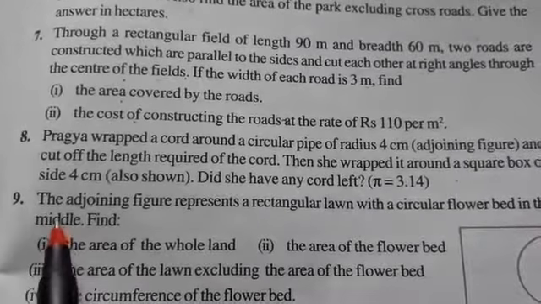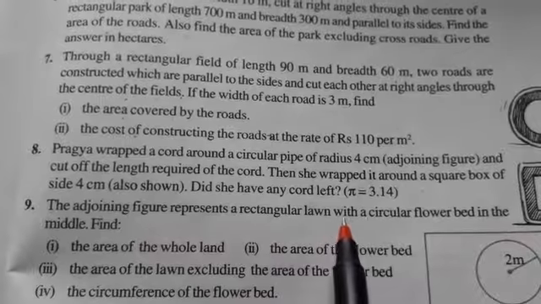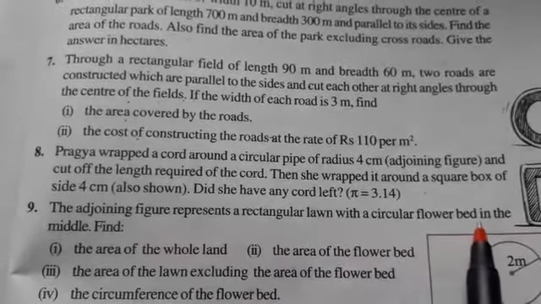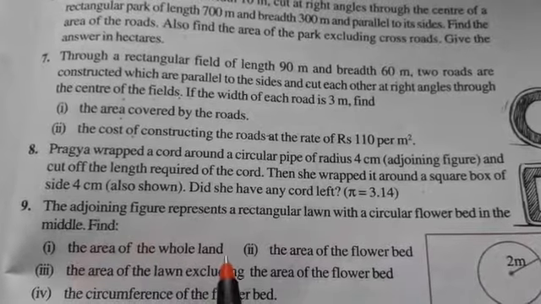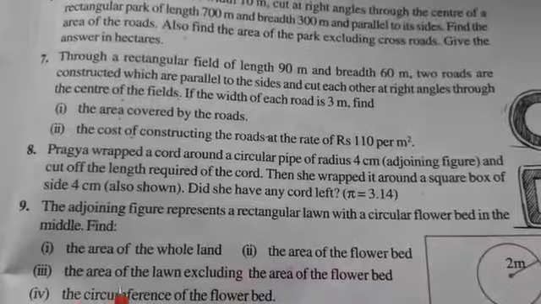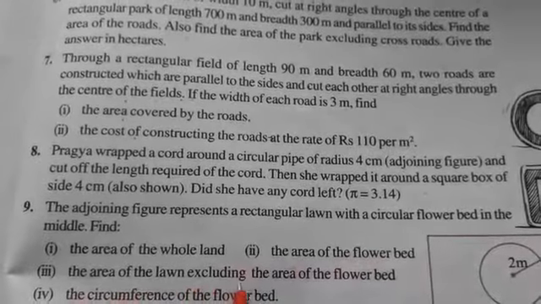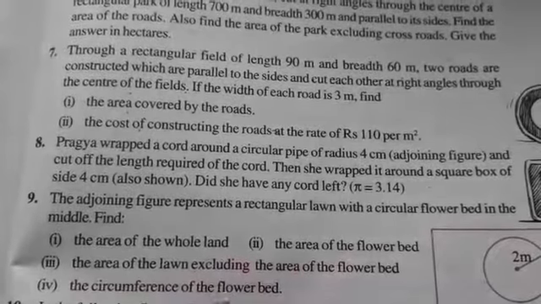Question number 9: the adjoining figure represents a rectangular lawn with a circular flower bed in the middle. Find the area of whole land, the area of flower bed, the area of the lawn excluding the area of the flower bed, the circumference of the flower bed.